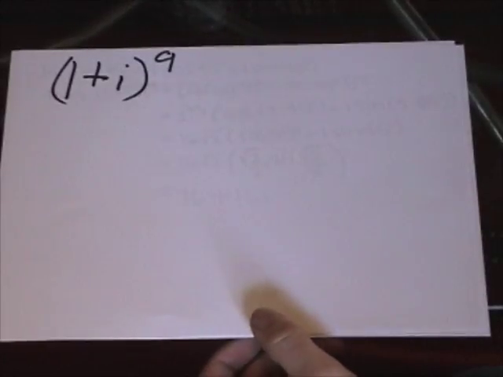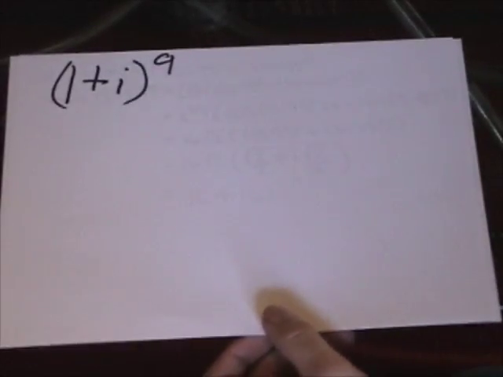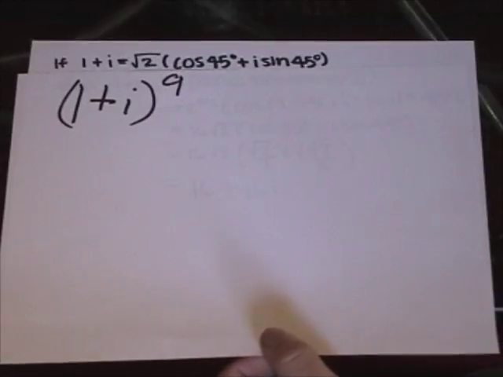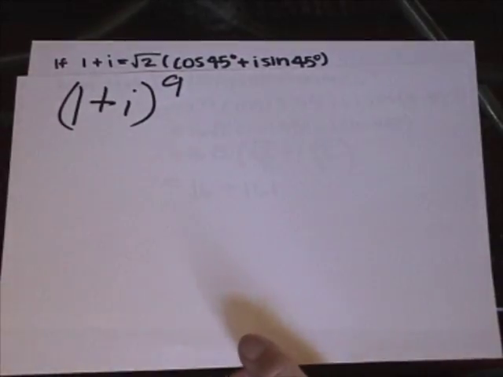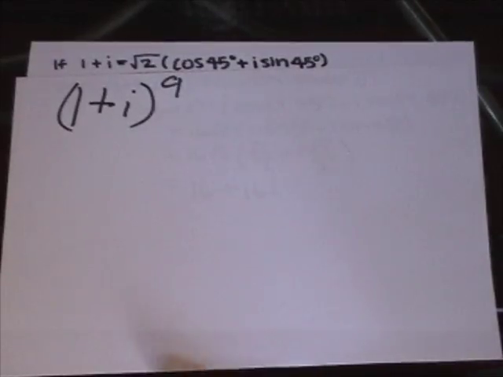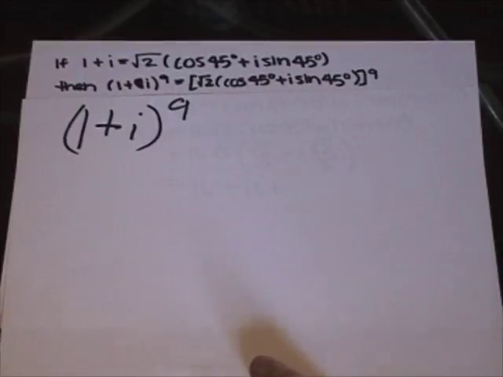An example problem for taking the power of complex numbers. So here we have trigonometric notation. And we know that the triangle's hypotenuse is root 2. So we get root 2 times cosine 45 plus i sine 45.